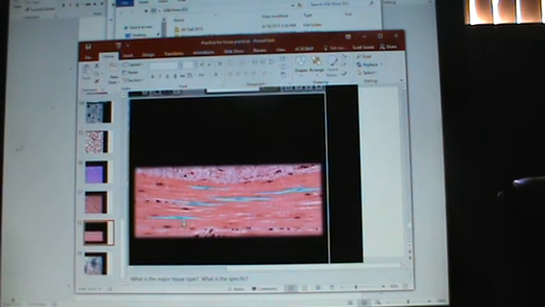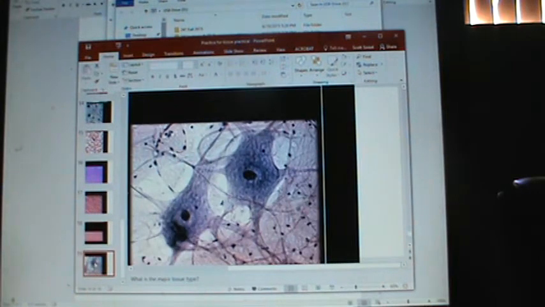And oftentimes if you look at the nucleus of these things, you can see the nucleolus stands out really nicely. All right, finally, major tissue type of this. Of course, that's nervous. You can see the astrocytes, you can see the actual neurons, like little aliens or something like that. Very distinctive. So the major tissue type here is nervous. And that's all you need to know for this one.